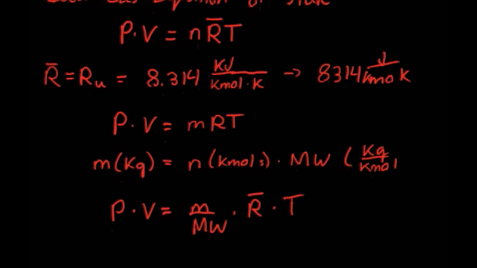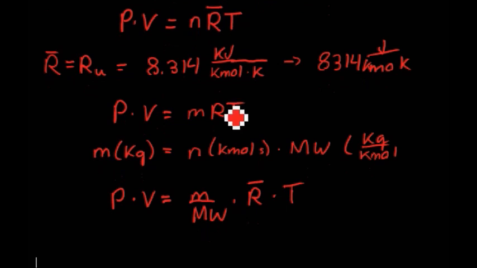Okay, so how does this relate to this value up here? Well, you have your pressure, your volume, pressure, volume, mass, mass, temperature, temperature. So this R bar divided by the molecular weight, R bar over molecular weight is equal to the R value that I'm talking about.